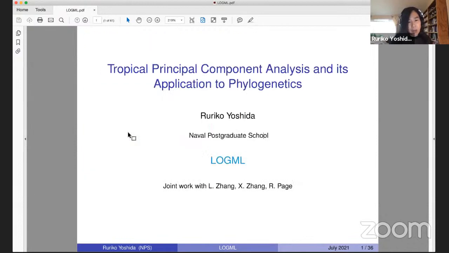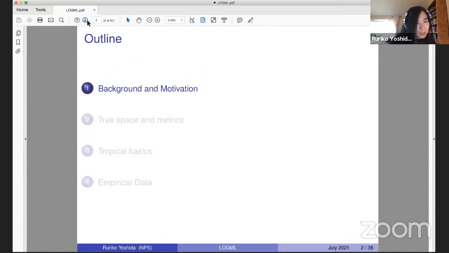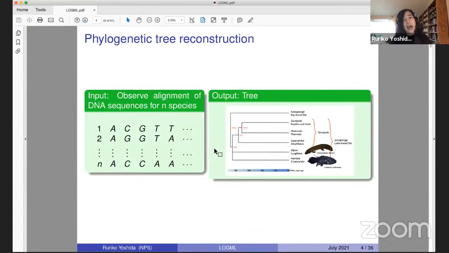From there, we construct a phylogenetic tree. There are tons of methodologies out there, like using continuous time Markov chain models, which is the parametric method, or some distance-based methods, and there are tons of them.